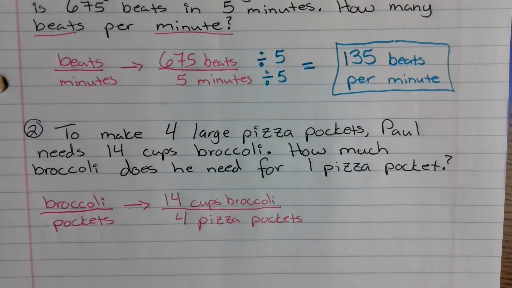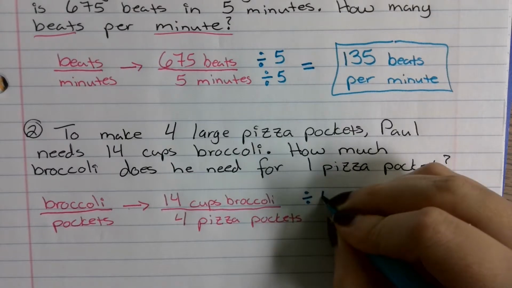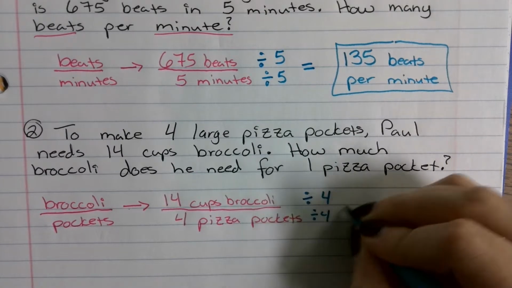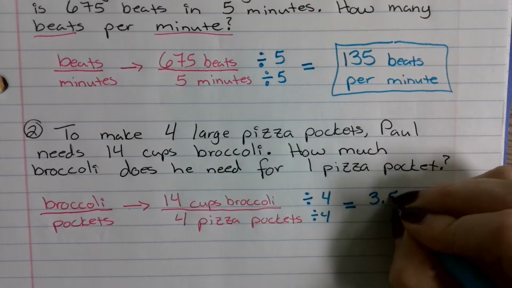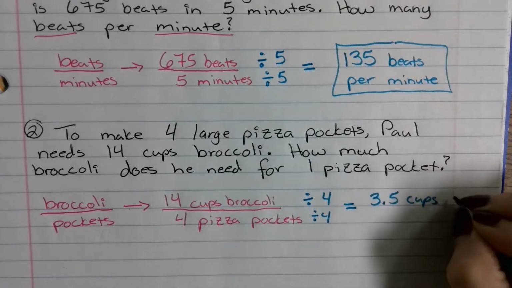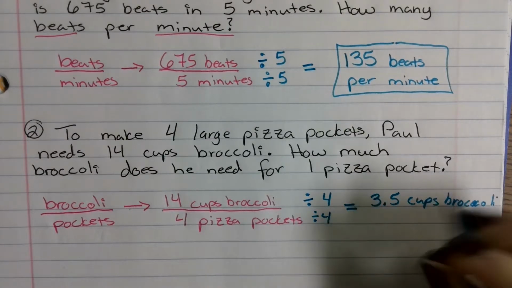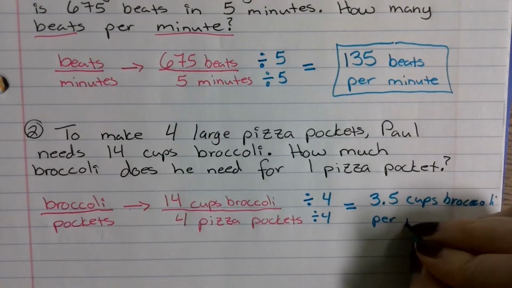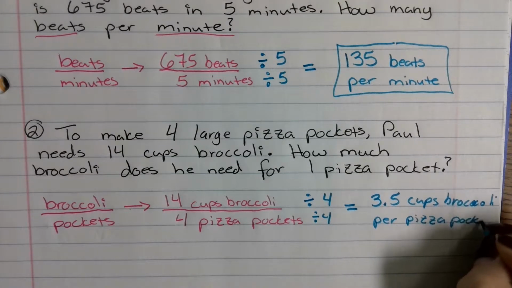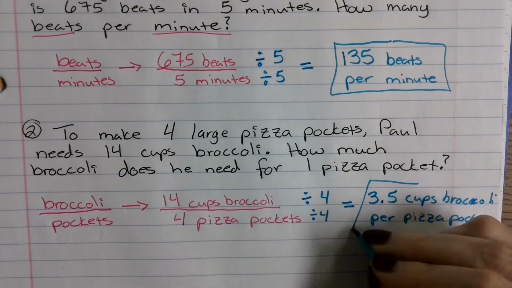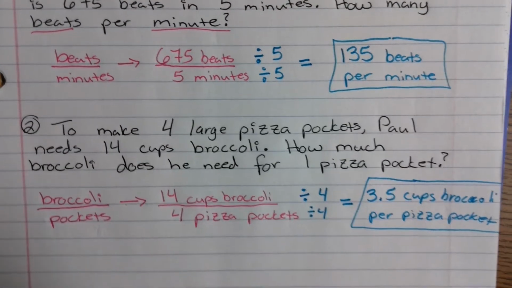What are we going to divide everything by? 4. We want to divide by whatever our denominator is. So we're dividing by 4, and that's going to come out to 3.5 cups of broccoli per pizza pocket. And that's it.